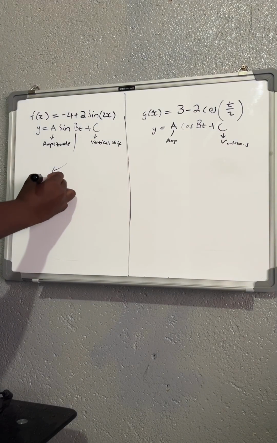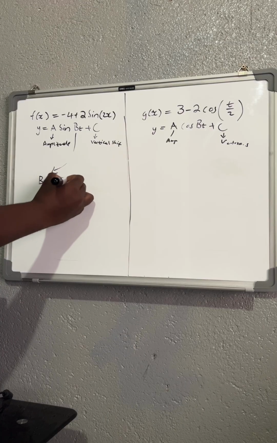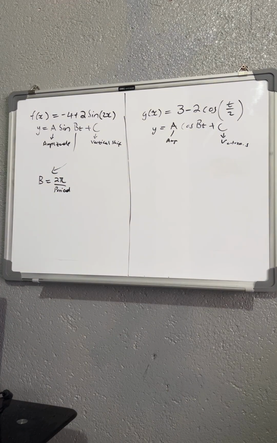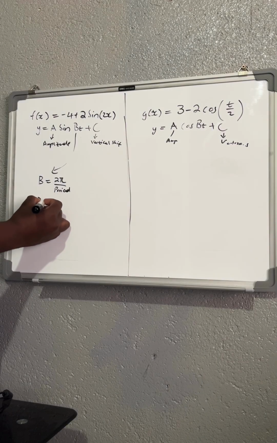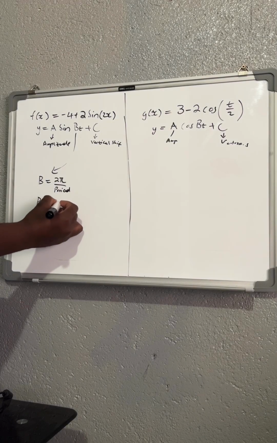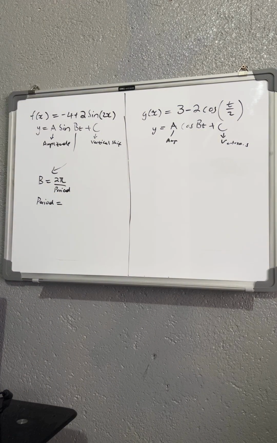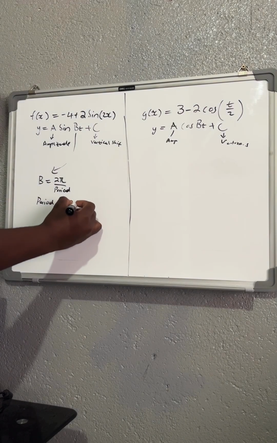Your B is always given as 2 pi over period. So this basically helps us to calculate our period, because if you were to calculate the period, you would make the period the subject of the formula and say your period now would be 2 pi over b.